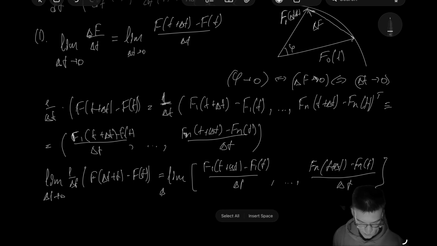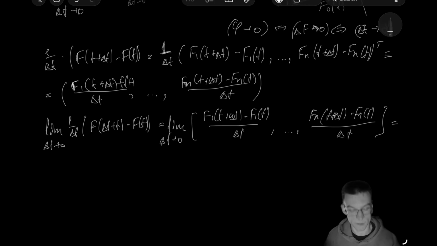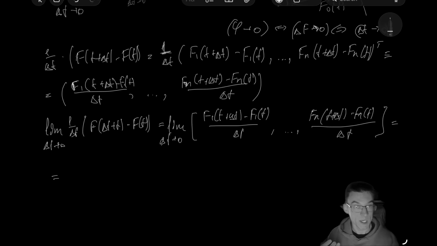So what is this limit about? This is the limit of each individual scalar function, and we know from the definition that its limit is essentially the derivative. They are all dependent on one single scalar value. They are very simple functions that you probably covered in an elementary course of algebra or calculus in high school.